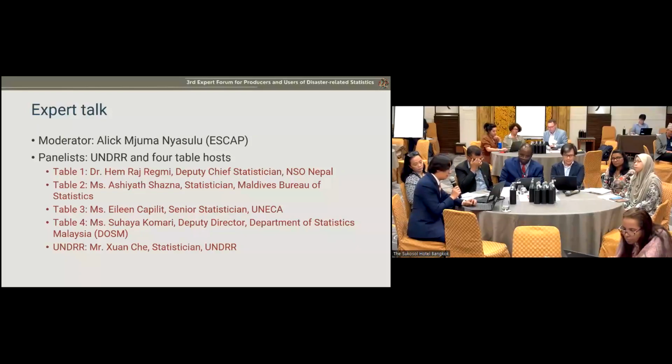With this being said, there are still many challenges ahead. For instance, colleagues have shared that it's very difficult sometimes to separate direct versus indirect losses. There's no structured methodology, or sometimes a lack of data on which part of the loss is direct or which part is indirect. There is also a lack of baseline data.